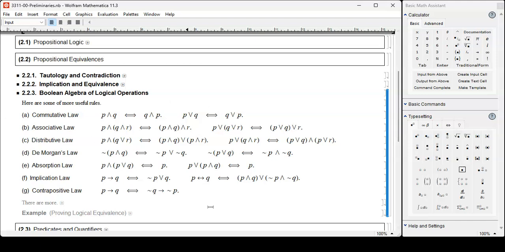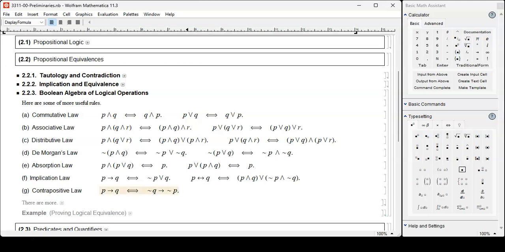There's some Boolean algebra associated to logical operations, and then I use the necessary and sufficient condition expression, or logically equivalent expression here, meaning this and that are equivalent, this and that are equivalent, commutative law, and so on and so forth.